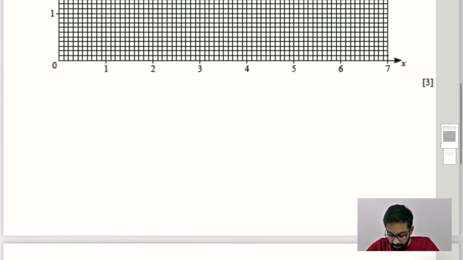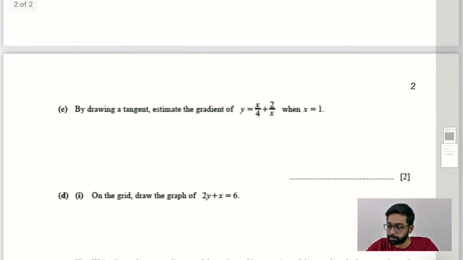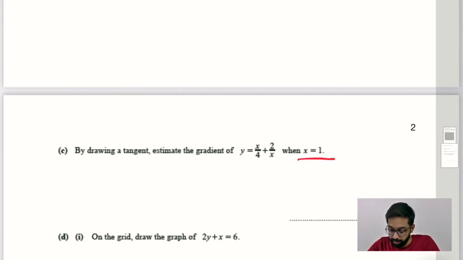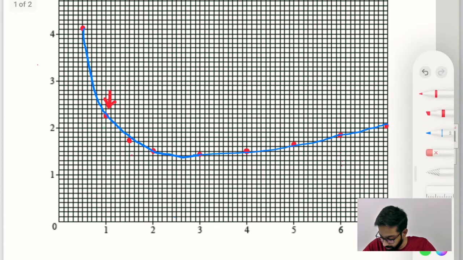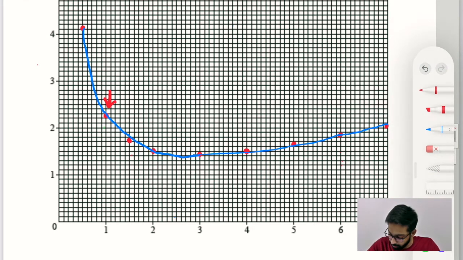Let's move on. The next question says, by drawing a tangent, estimate the gradient of y equal to x over 4 plus 2 over x when x is equal to 1. Now, when it says x is equal to 1, that means you need to find the gradient of the curve at this point. So, let's find a thinner pencil. Okay.